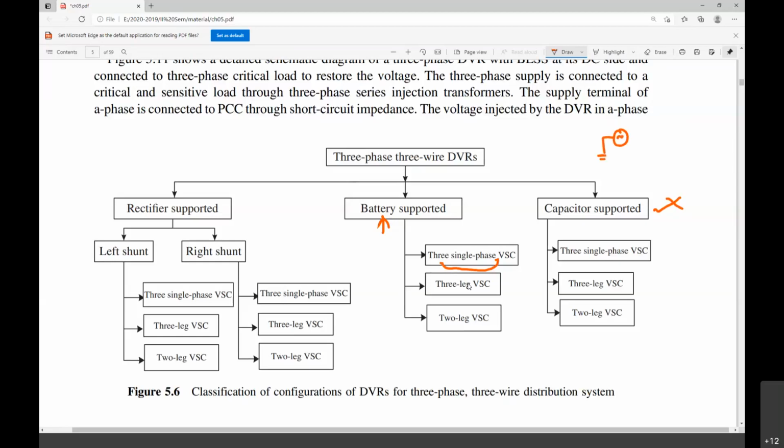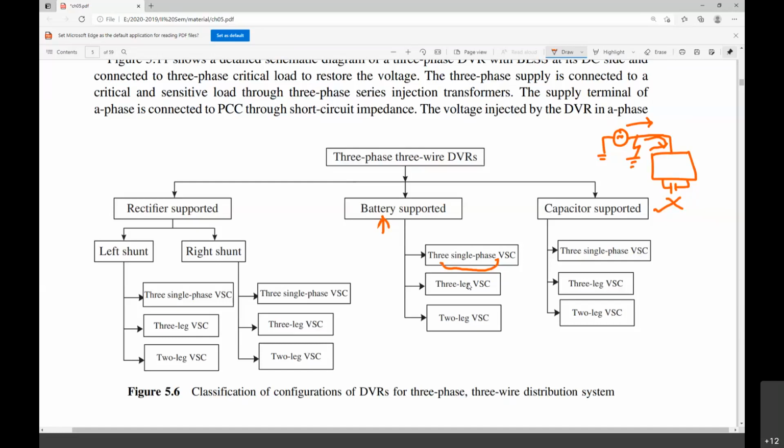In that case, charging the capacitor of an inverter by the same source is not correct, because the source itself is in a weak condition when a fault has occurred on the system.